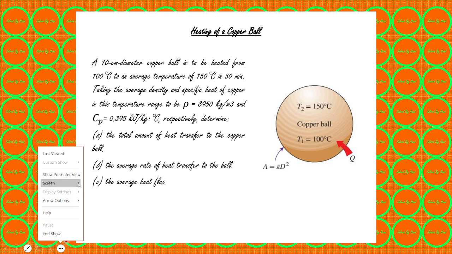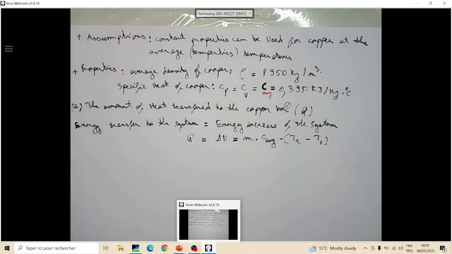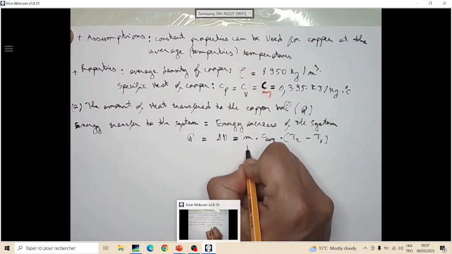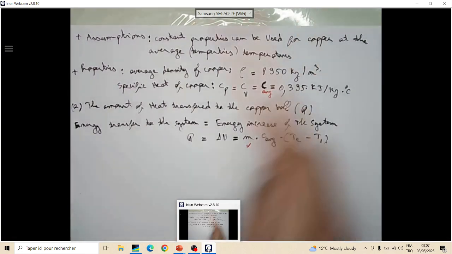So let's go back to our paper and continue. First of all, we have to calculate the mass of the ball, since we need here the mass.